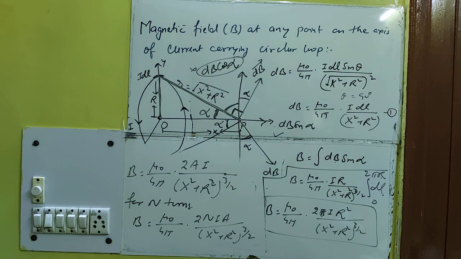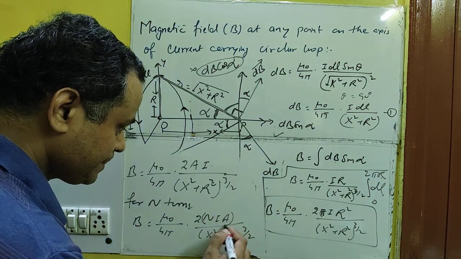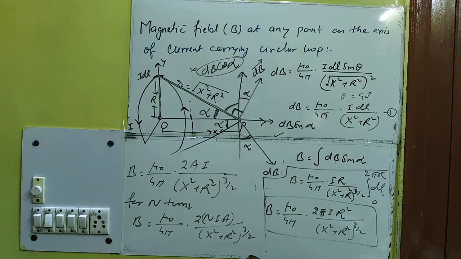And there is another important physical quantity which we will introduce here. nIA is known as magnetic moment.